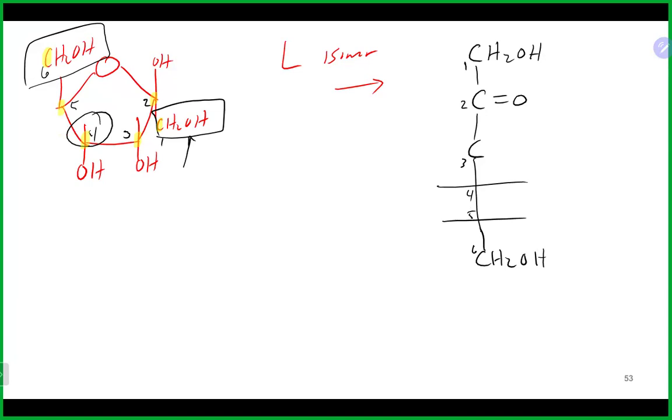And carbon number 4 here, we have the OH down, which means it was on the right-hand side, as when it dropped down, right to the right. Carbon number 3, we also have it down, which means it should be to the right. And that leaves us carbon number 5, which in this case will be determined by this, which is L, which means we will lay it up there on the left. Any questions on that there?